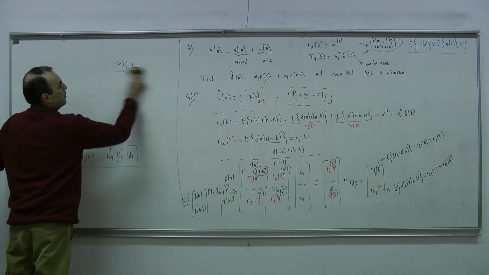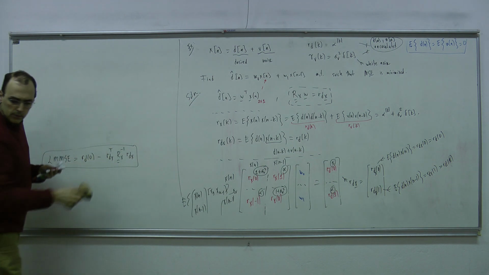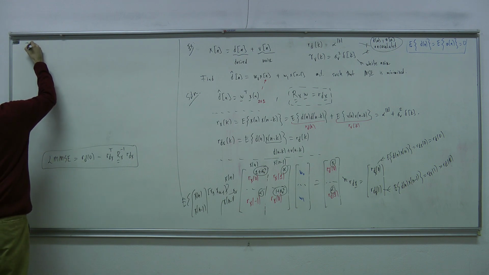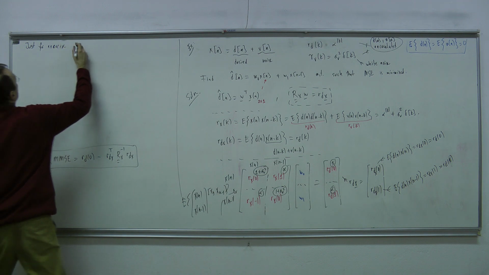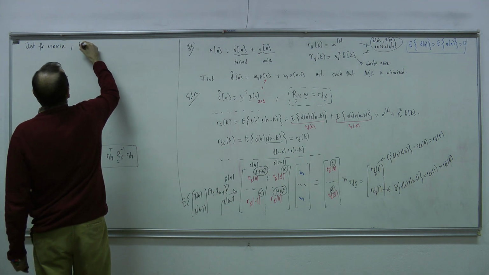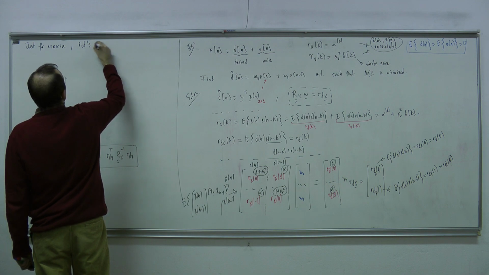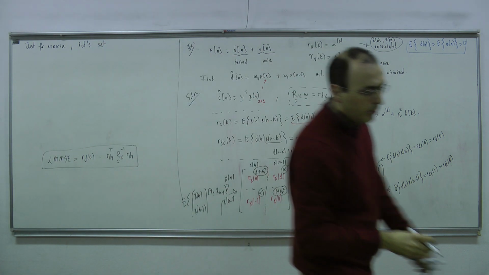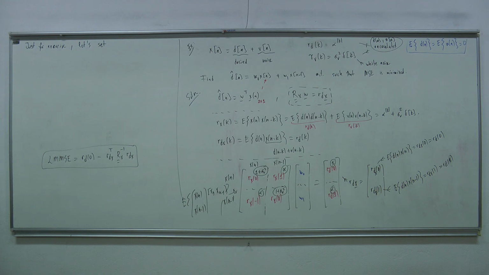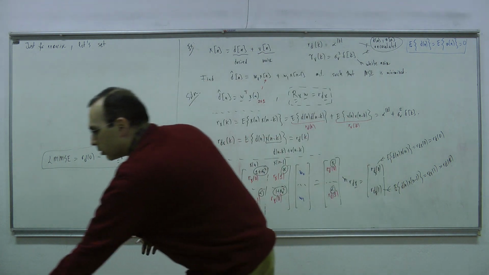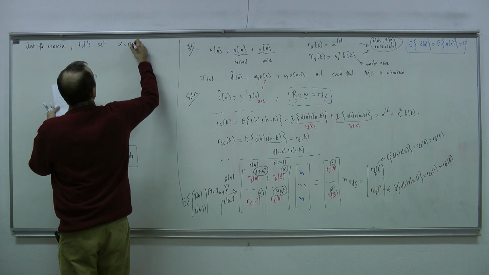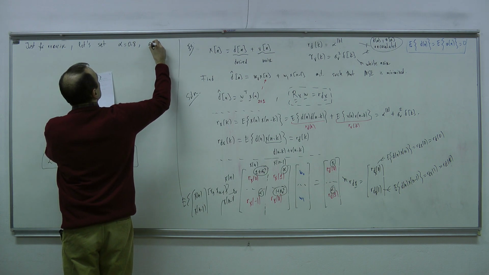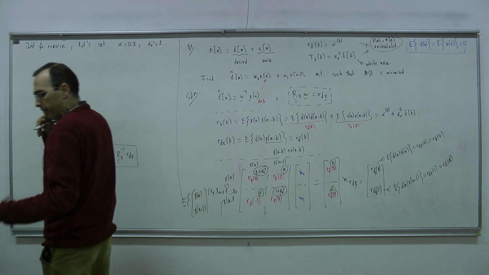So this is the end of the problem, just for exercise. Okay. So just for a numerical exercise, let's set alpha equal to 0.8 and sigma v square equal to 1. Okay.